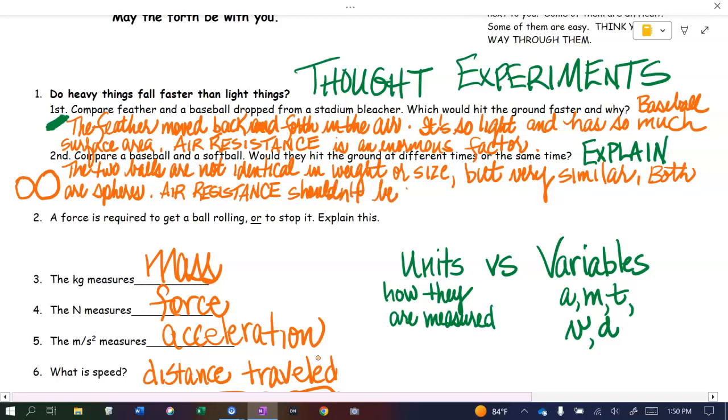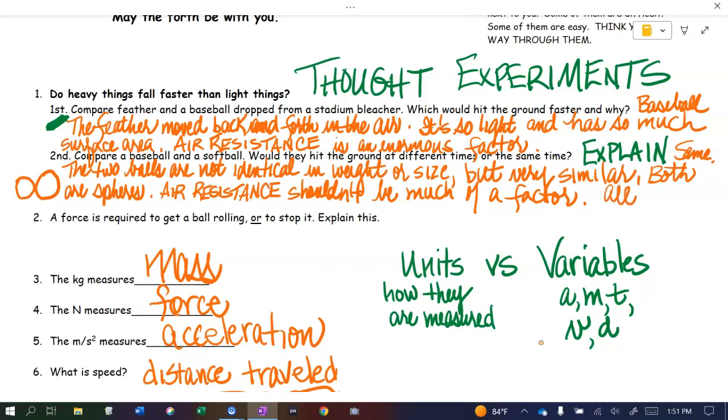Air resistance shouldn't be much of a factor, should it? So I'm wondering what you wrote. Well, I'm saying the same. In fact, all objects that are not affected much by air resistance, like a flying squirrel, for example, all of them would fall at the same rate. All right?